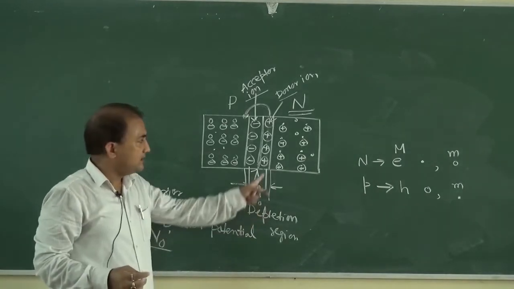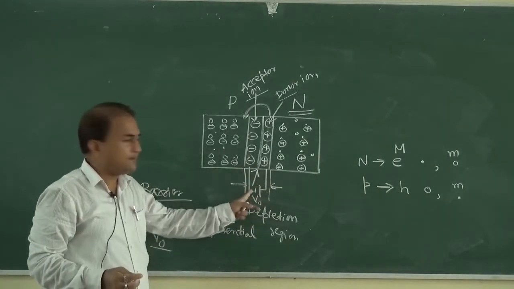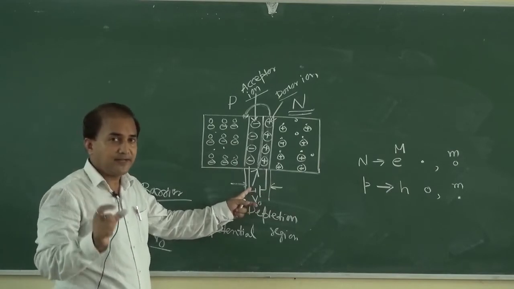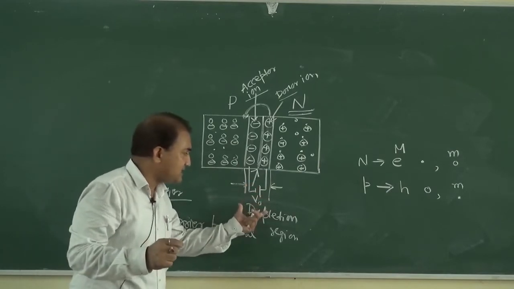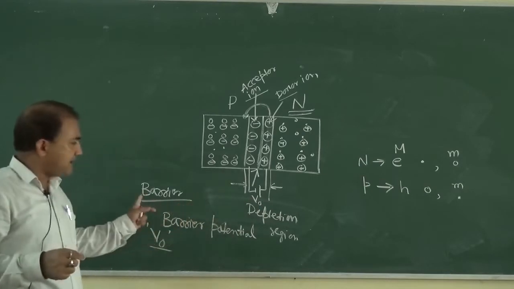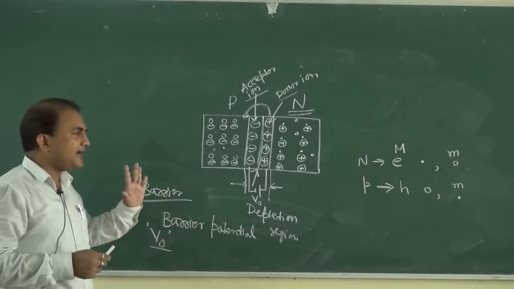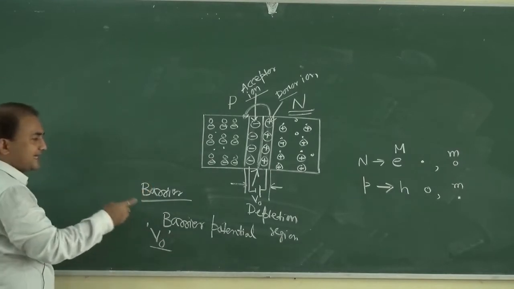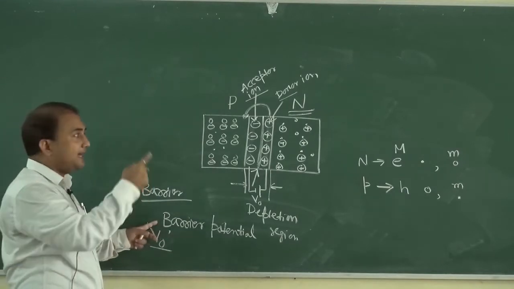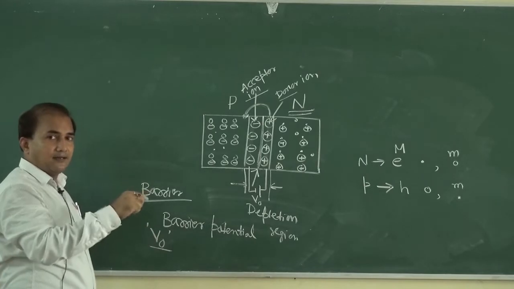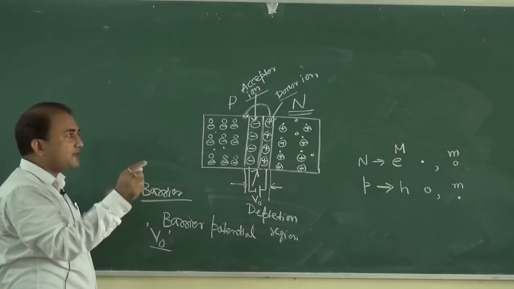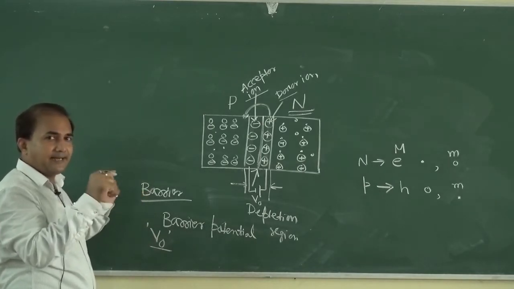This is positive potential and this is negative potential. V0 is the barrier potential. So only if we give some potential greater than the barrier potential, further recombination or further movement of carriers may take place.